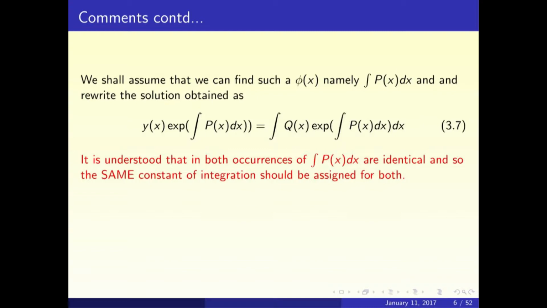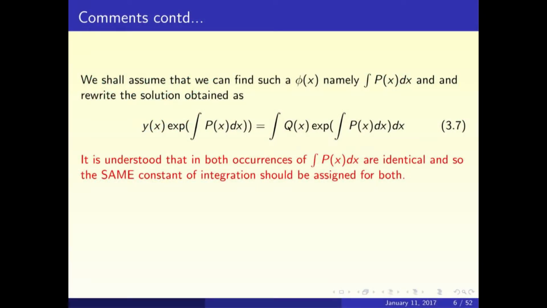So you will say, well, there will be 3 constants of integration floating around. No, that's not the case. The final answer should have only 1 constant of integration floating around. So the other 2 constants of integration must somehow cancel out. It must disappear. Remember, look at equation 3.7.